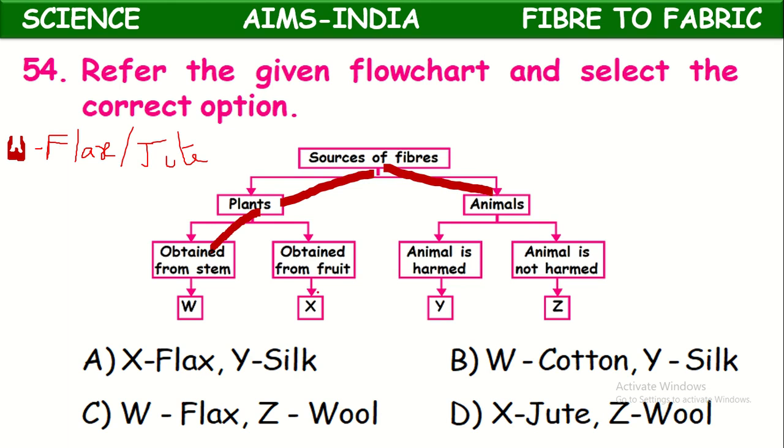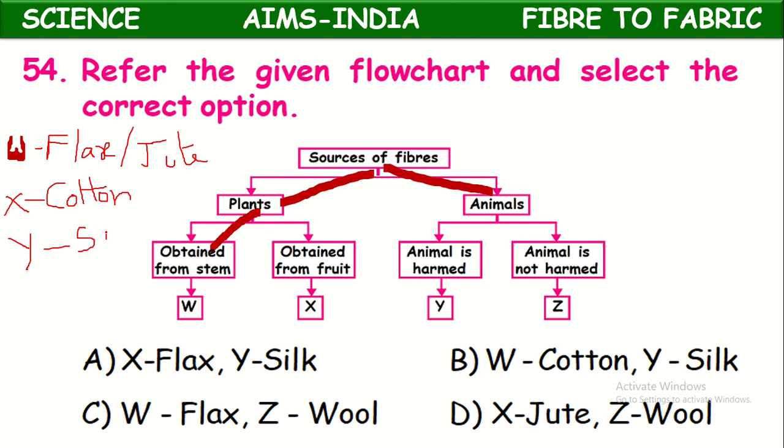Now the next plant fiber, which is obtained from fruit. Generally, from the fruit we get cotton. So X should be cotton. Next, animal fiber where the animal is harmed, meaning the animal is killed and we get the fiber, that is silk fiber. The silk moth is killed after making its cocoon.